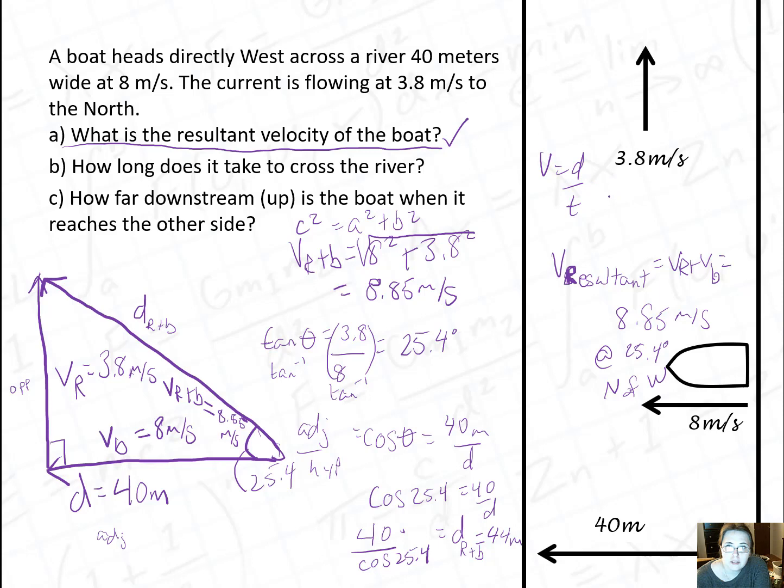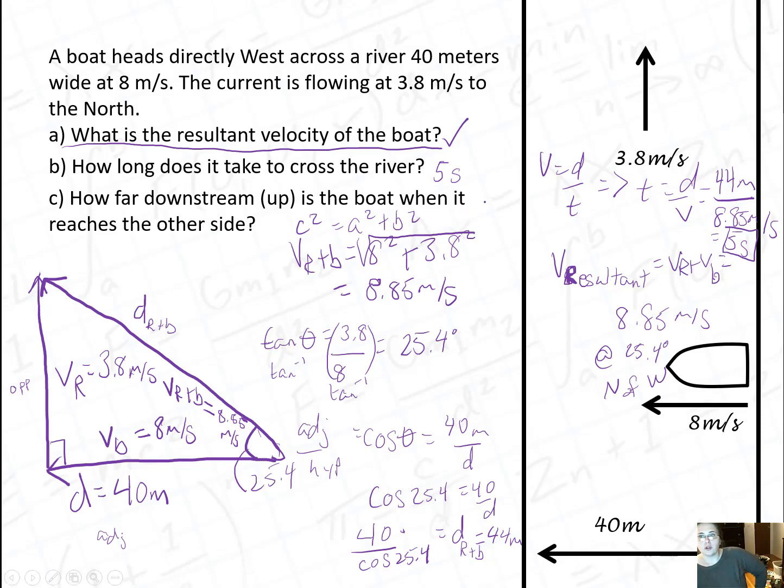So the time is going to be distance divided by velocity. So then it's 44 meters divided by the velocity, which is 8.85 meters per second. Okay, so it's actually 5 seconds.